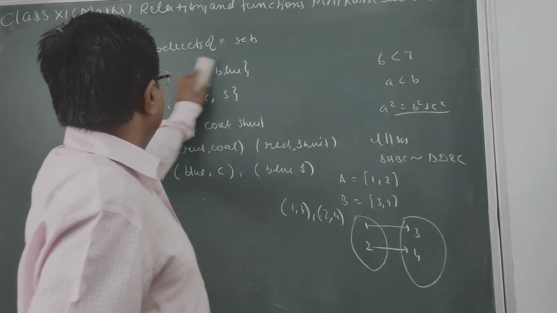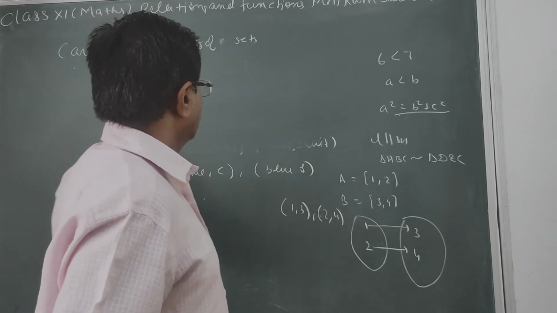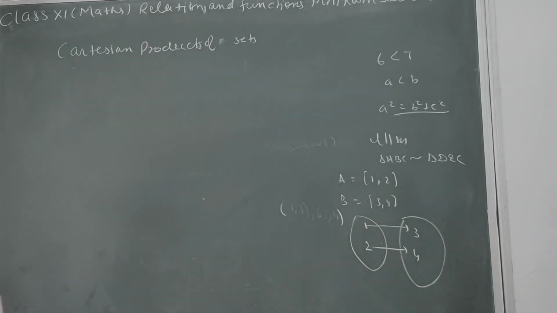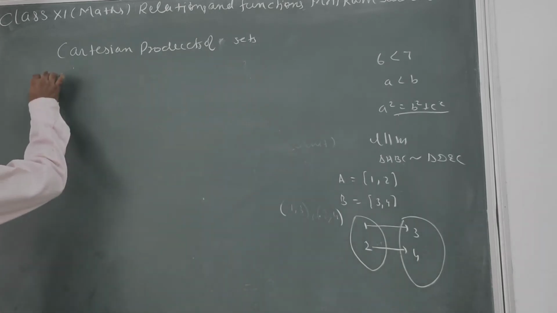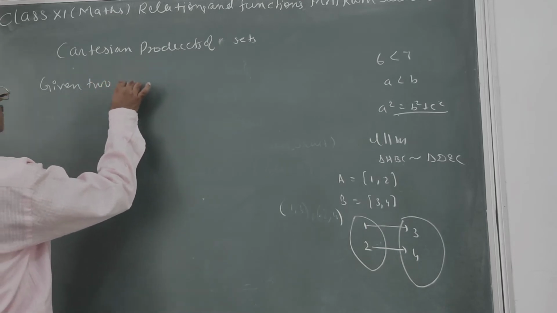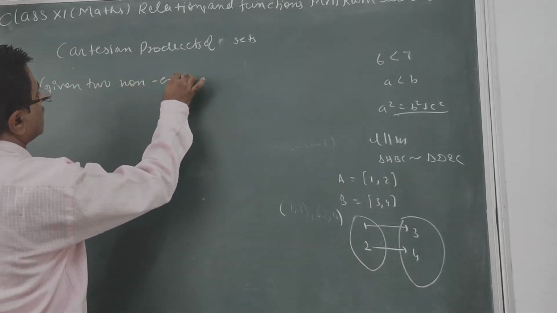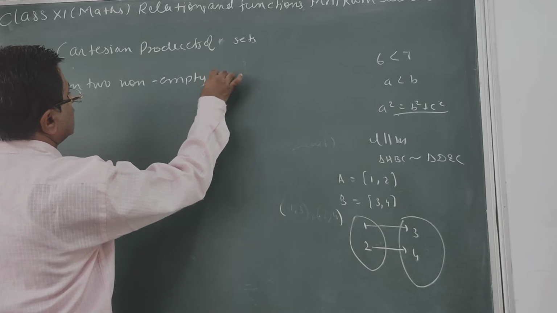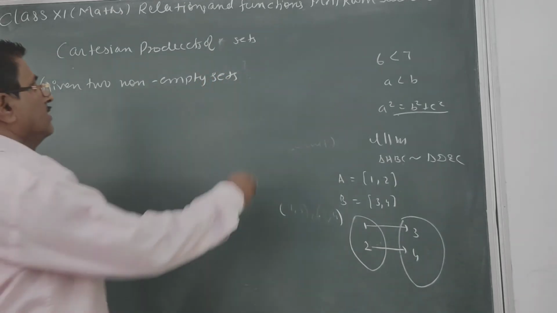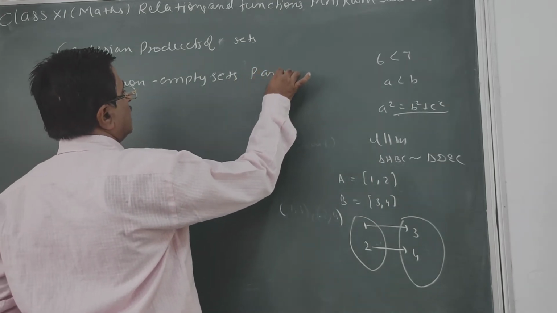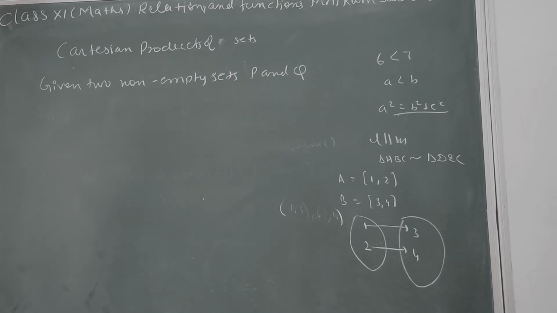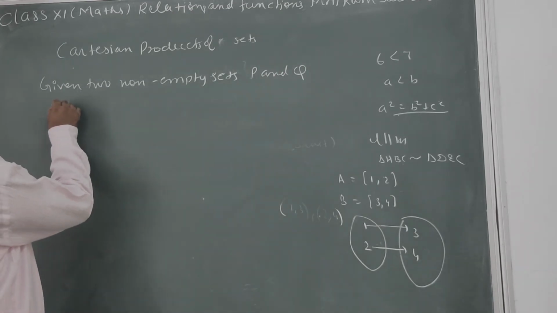So what is the definition we may write here for the Cartesian product of two sets? The definition says: given two non-empty sets, suppose we are taking sets P and Q, capital P and Q. These two sets are given. इसका Cartesian product कैसे लिखेंगे?